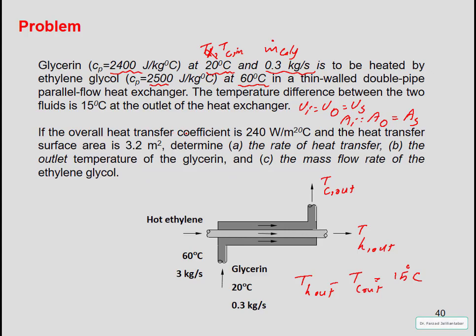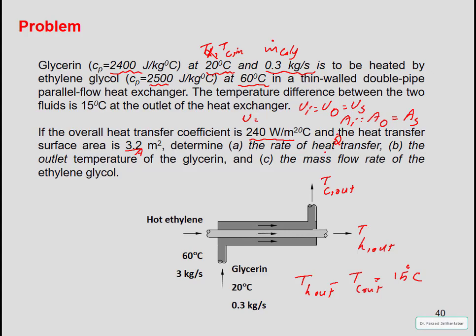Then the overall heat transfer coefficient is 240 watt per meter squared degrees Celsius, this is U, and UI, UO, and US, generally all of them will be equal to this. And the heat transfer surface area is 3.2. It is not mentioned inner or outer surface because it is thin wall, so this is A as well. Determine the rate of heat transfer, Q dot.